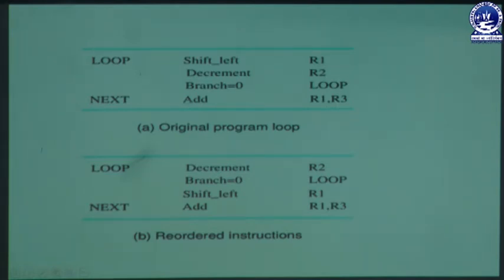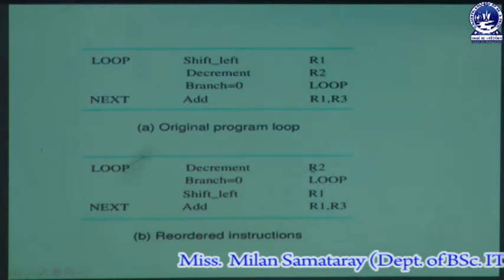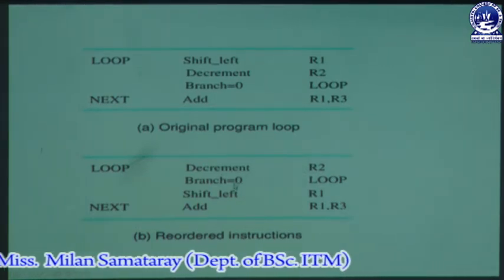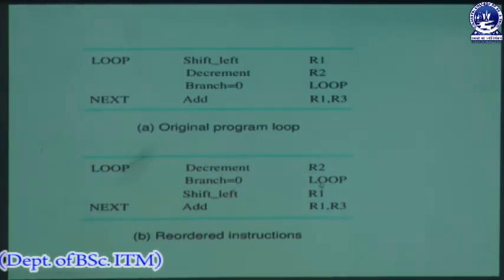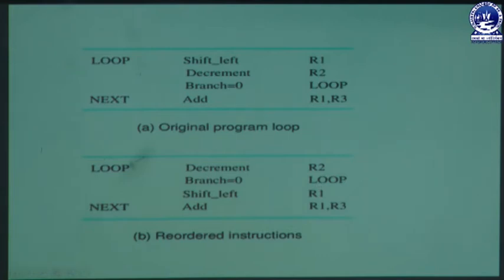That means the execution of this instruction basically depends on the output of this, and this statement is inside the branch. Here you can see after reordering the instructions, first it will decrement R2, then branch if 0, then loop. When it loops, again it will decrement R2, then branch equals to 0, then loop, like this.